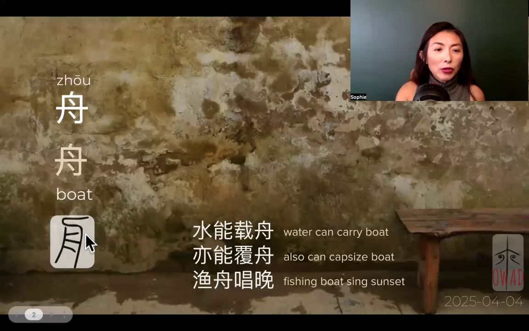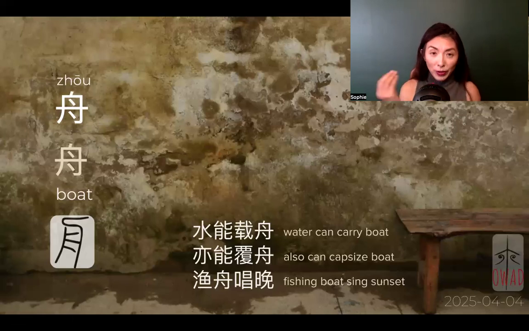So the traditional, way before traditional Chinese, drew out how a boat would look. It's basically the structure of a kayak. Here, this top portion is the bow of the boat, which serves the function as the nose of the boat, pointing toward the direction where it goes and breaking the water, right?